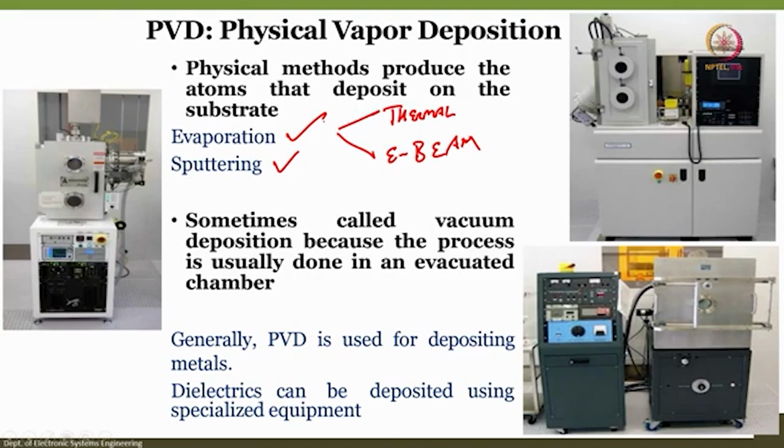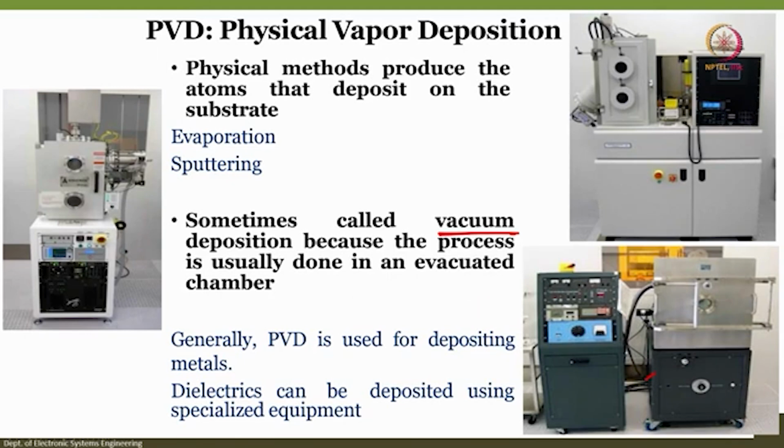But based on the way the film is deposited, thermal and e-beam fall in a similar zone while sputtering falls in another zone. Physical methods produce the atoms that deposit on the substrate, we can call them evaporation or sputtering techniques, and sometimes vacuum deposition, because the process is usually done in an evacuated chamber.